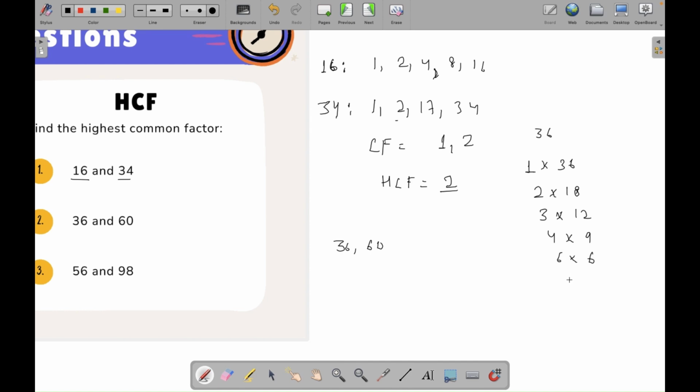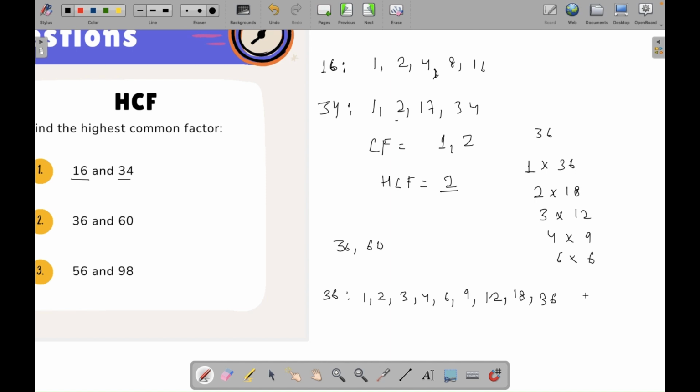Then 7 not divisible, 8 not divisible, 9 times 4 is 36, but we have written it already. So we'll stop. Right? So the factors for 36 would be 1, 2, 3, 4, 6, 9, 12, 18, 36.